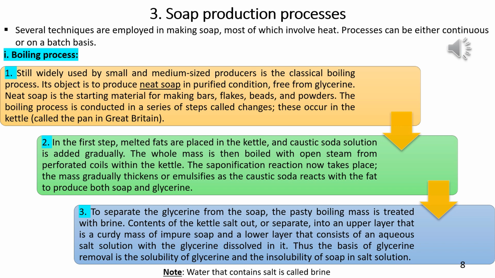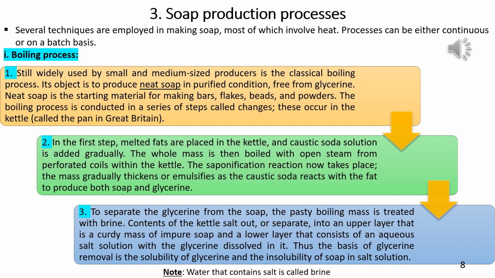So the boiling process is an old process, but it is still used. The boiling process is used to make neat soap or purified soap which is free from glycerin. Neat soap can also be used as a starting material in many products.